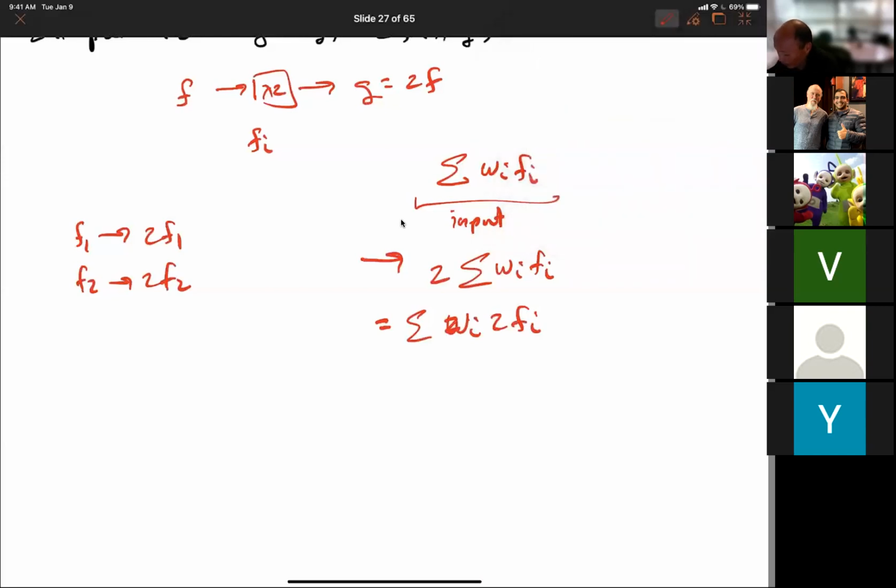Now we have that this is still the sum, so it's got the sum and the scaling property built into it, because these are the individual outputs.